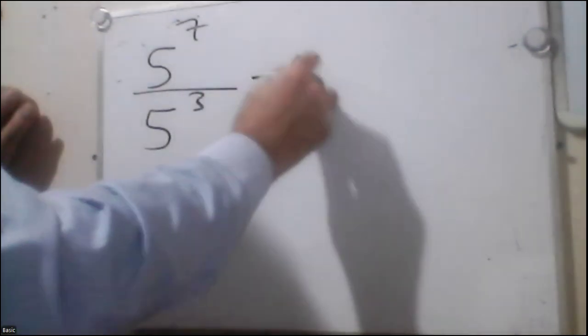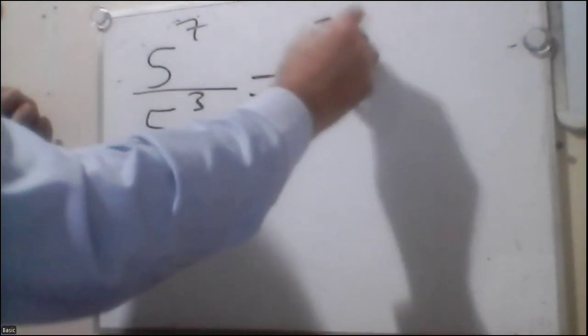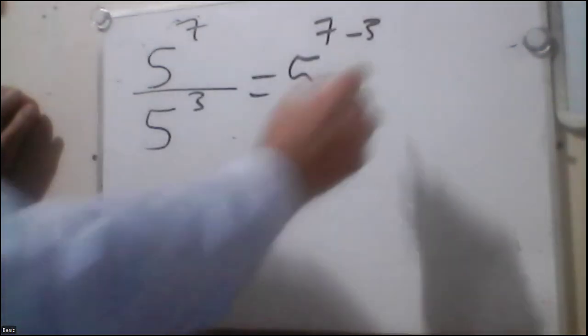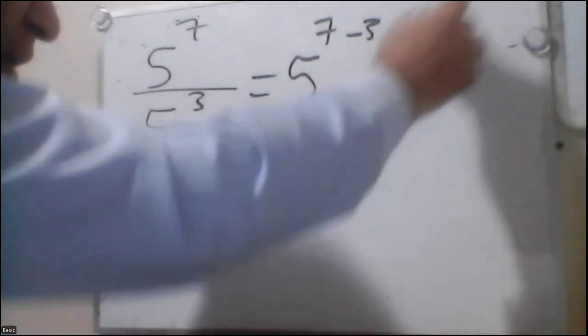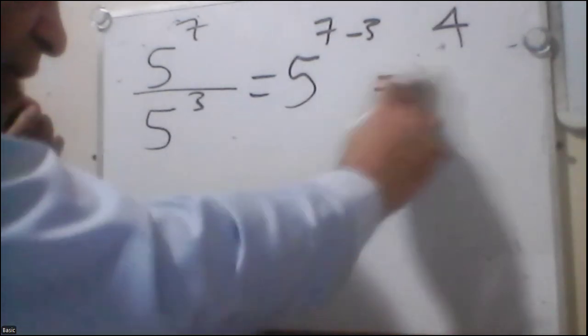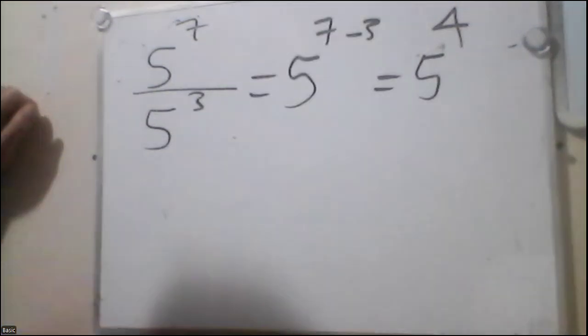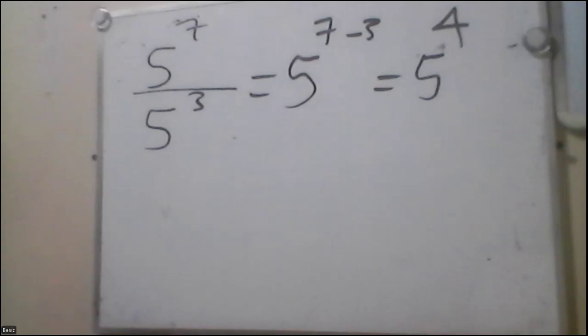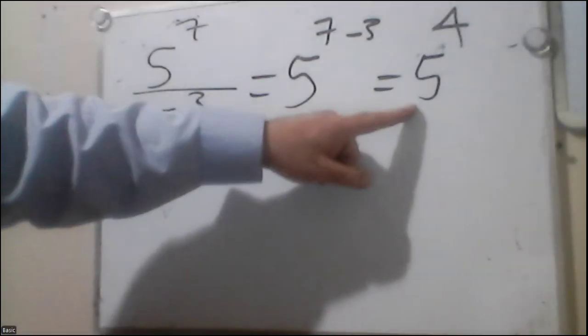5 power 7 divided by 5 power 3. So that will equal 5 power 7 minus 3, which will equal 5 power 4. And that means 5 multiplied by itself 4 times.